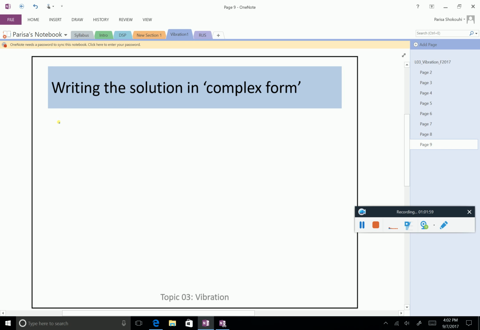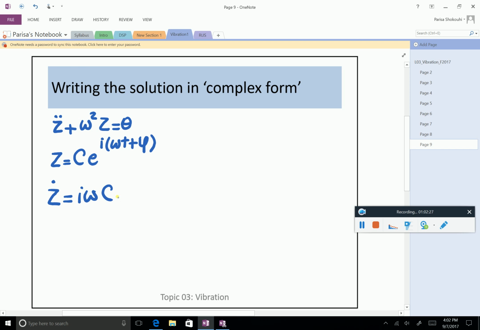So if we have this kind of equation, instead of saying sine and cosine, you can just start with a solution like that. And if you do the derivatives, this is useful.